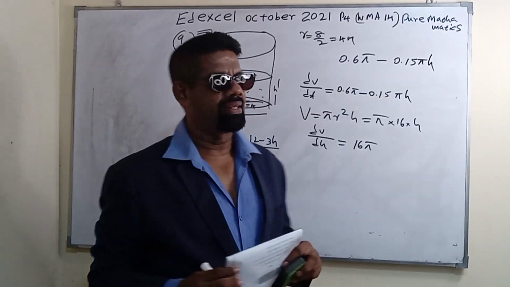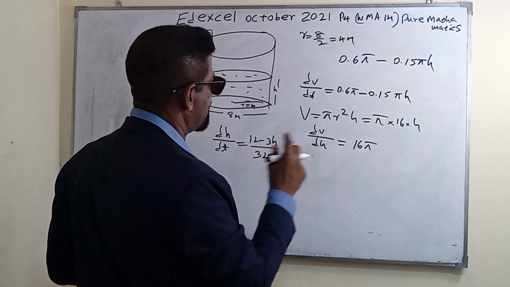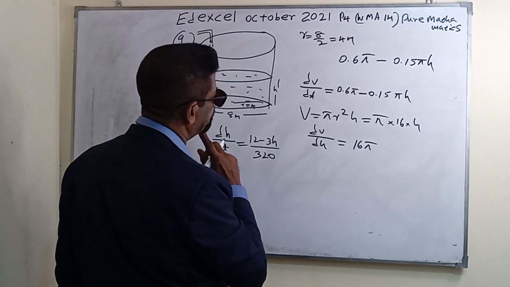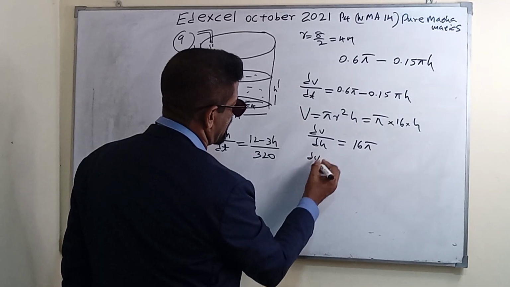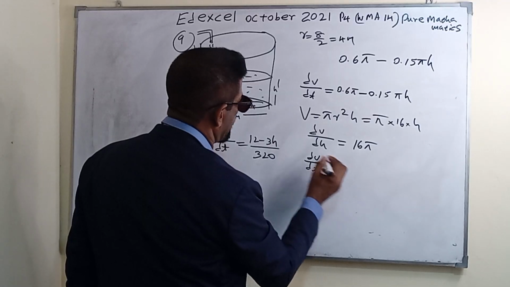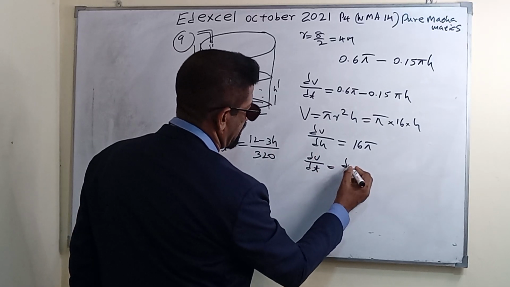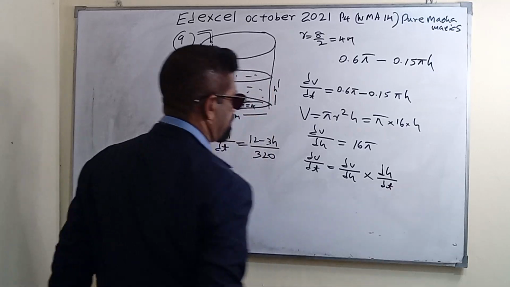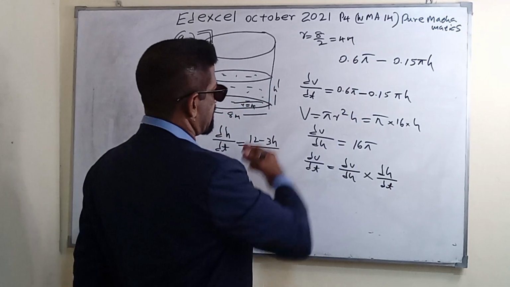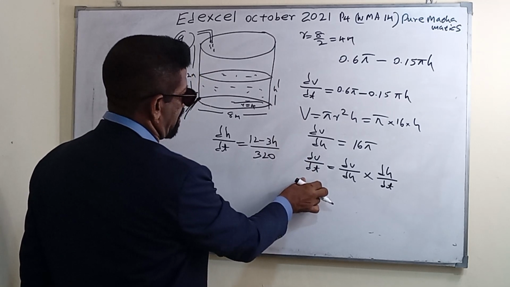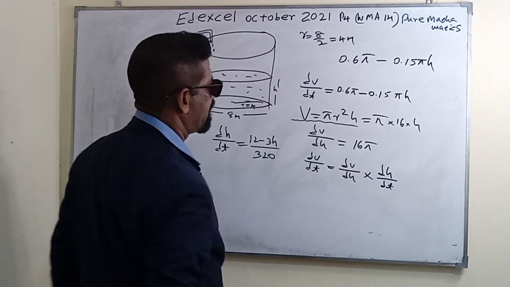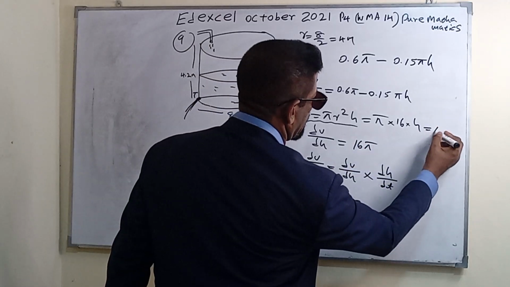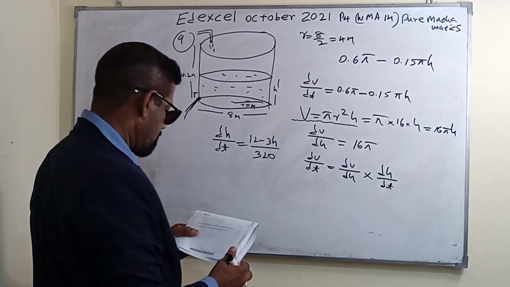Using the chain rule, dV/dt equals dV/dh times dh/dt. dV/dt is the constant rate of water flow, and since the volume is pi r squared h, dV/dh means 16 pi. Then the question asks for dh/dt.